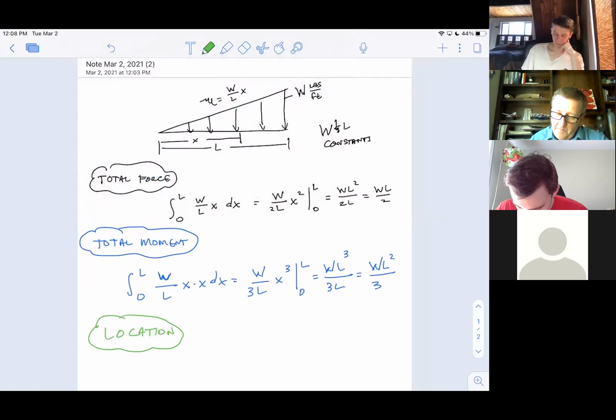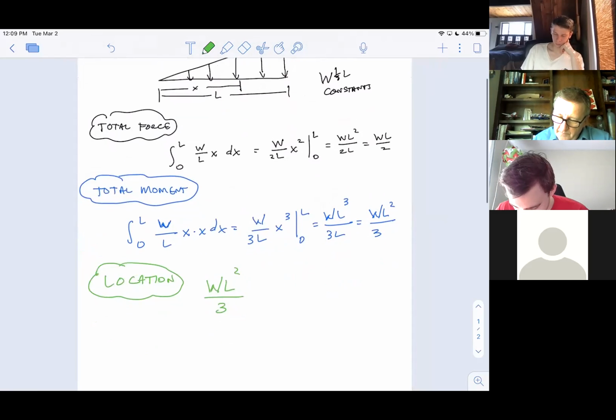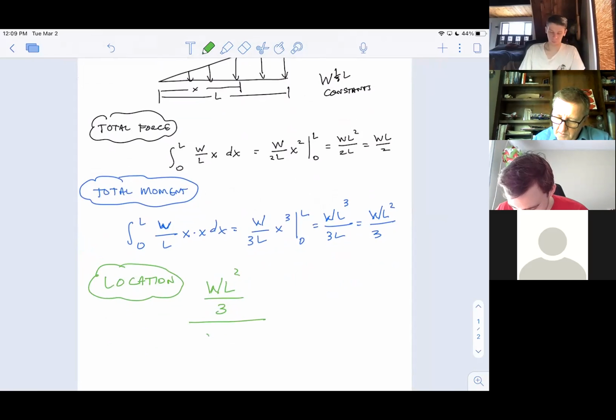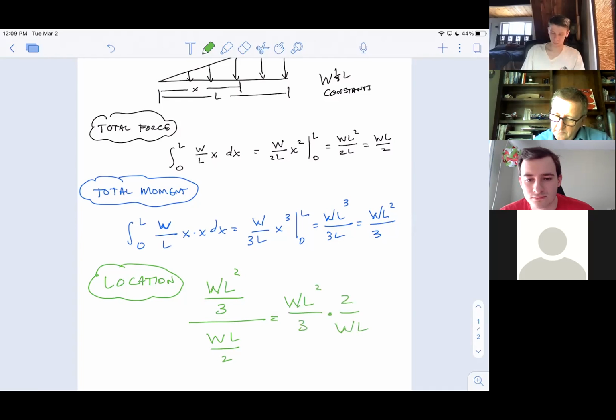Well, I take the moments divided by the forces, which would be the same as WL squared over 3 times the reciprocal, 2 over WL.